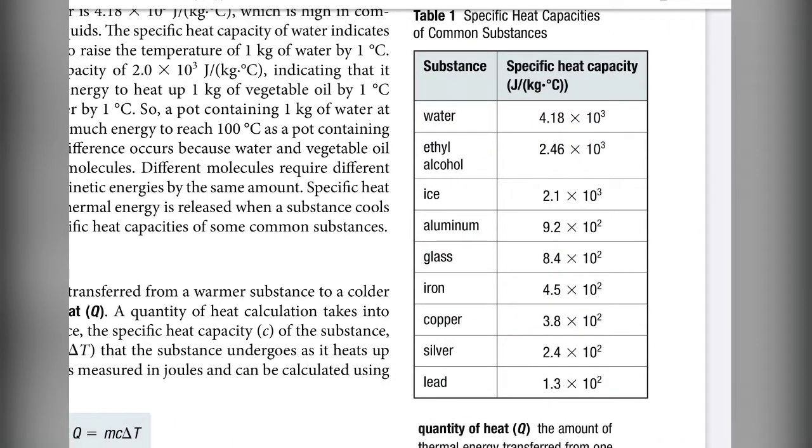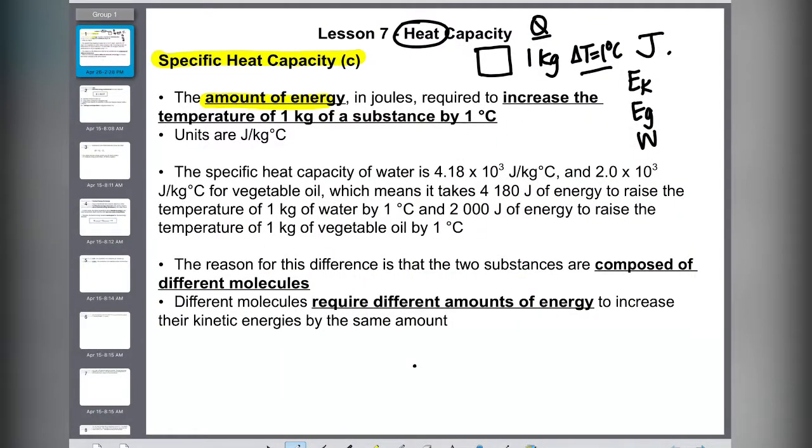If you take a look at the first one, which is water, water takes 4.18 times 10 to the 3, so 4,180 joules to heat 1 kilogram of water by 1 degree Celsius. But if you look down the sheet, say aluminum, you require 920 joules to do that. So basically, the better the conductor, the less heat it will require to change the temperature by 1 degree Celsius. And that's what specific heat capacity is.